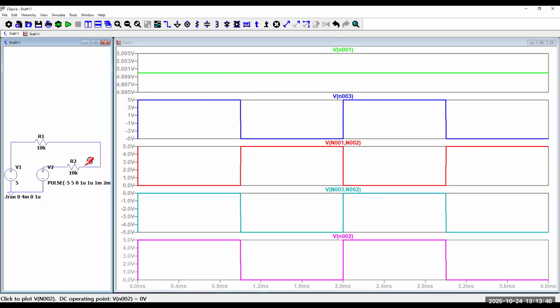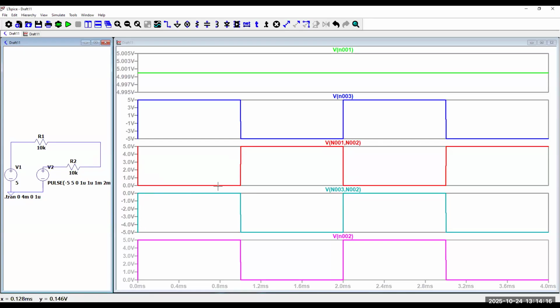The voltage across the resistor R1, measured between nodes 1 and 2, is shown here in red. And the voltage across R2, measured from node 3 to node 2, is shown here in teal, or blue green.